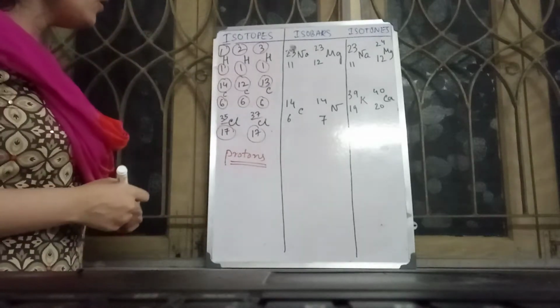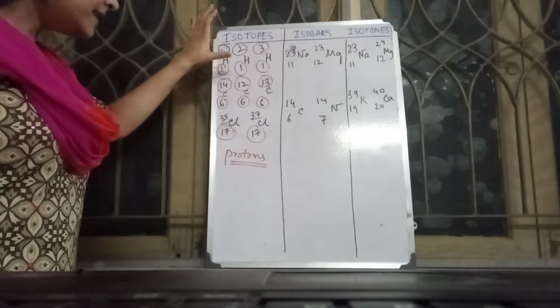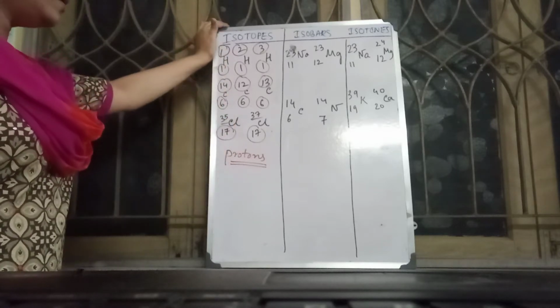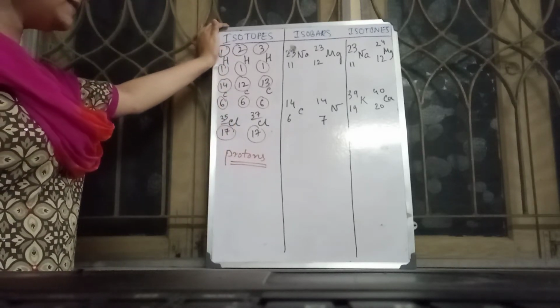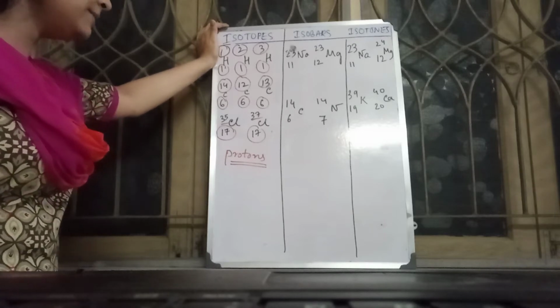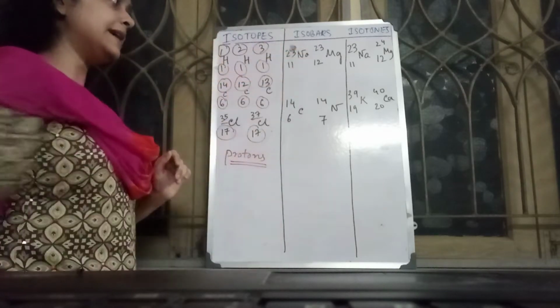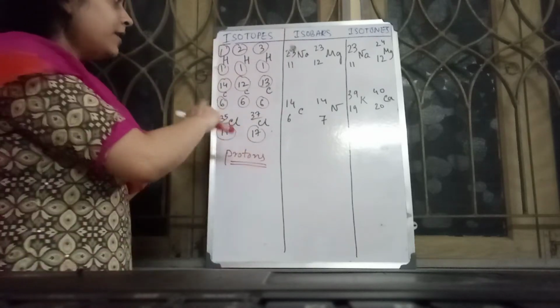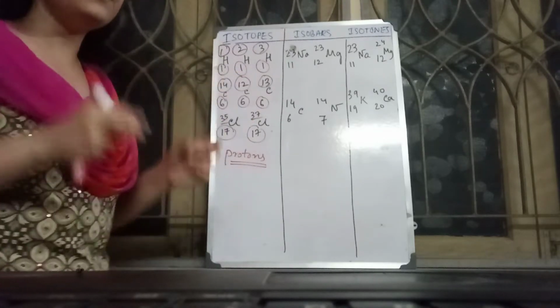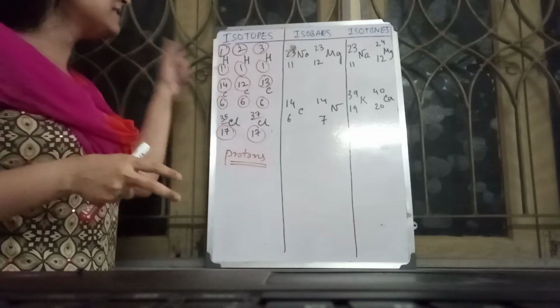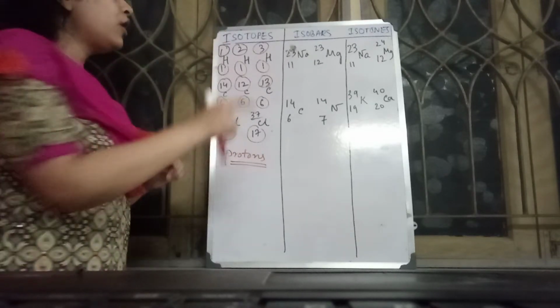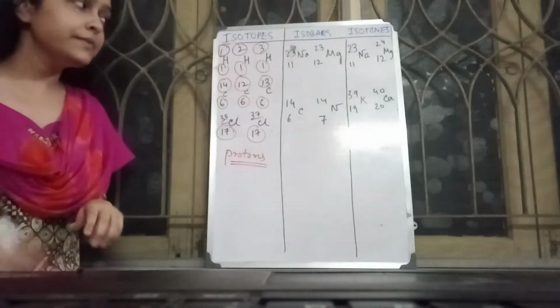So those types of elements in which the number of protons is the same, that means the atomic number remains the same but the atomic mass number changes, we call them isotopes.